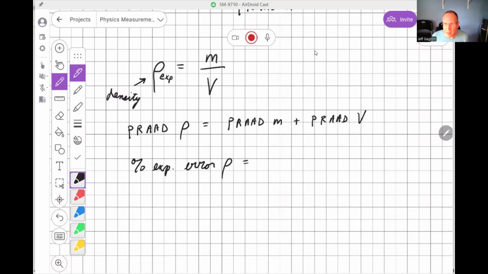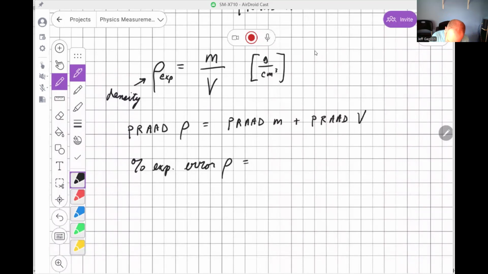If you look this up on Google or something, the accepted value for the density of aluminum is 2.70 grams per centimeter cubed. By the way, I should mention the units here. Since density is mass divided by volume, our mass we measured in grams in this lab, and the volume was centimeters cubed. So it's grams per centimeter cubed.